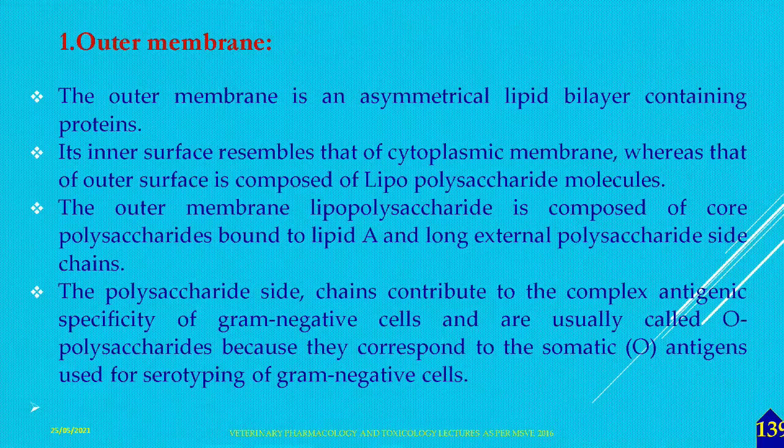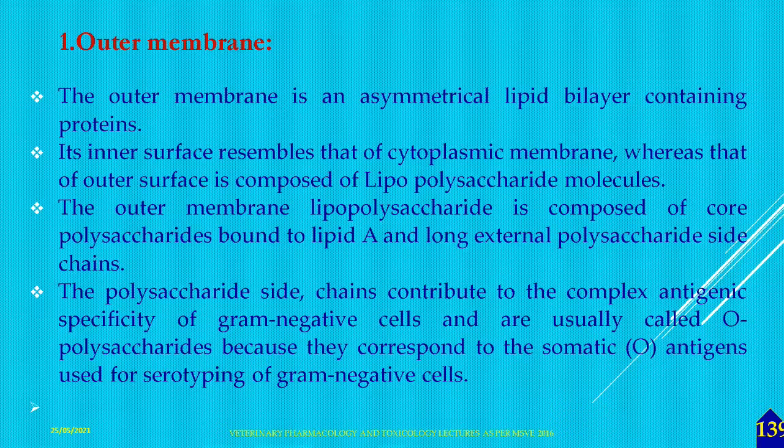The polysaccharide side chains contribute to the complex antigenic specificity of the gram-negative bacterial cells and are usually called O polysaccharides. Because they correspond to the somatic O antigens, they are called O polysaccharides, and these are used for the serotyping of the gram-negative bacteria. Because varieties of serotypes are present in the same type of bacteria, these are used.